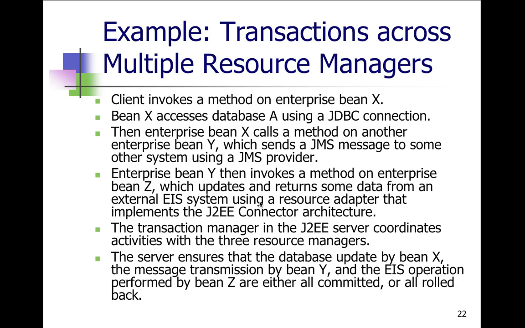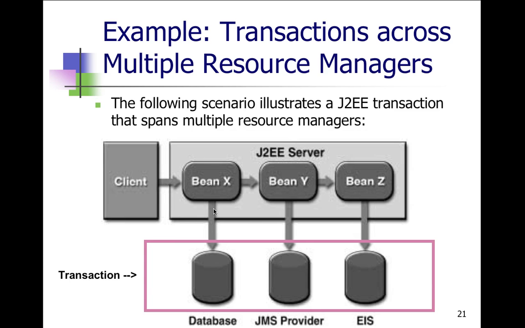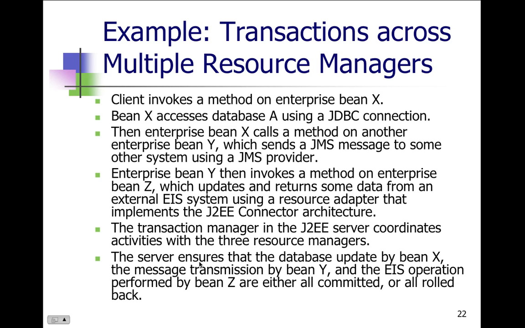So the client invokes a method on enterprise bean X. Bean X accesses database A using the JDBC connection.